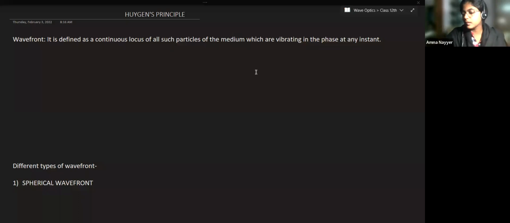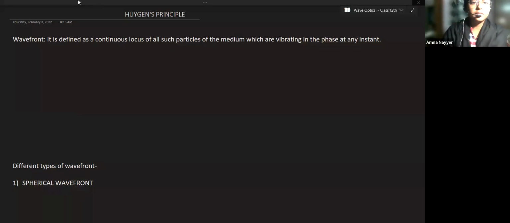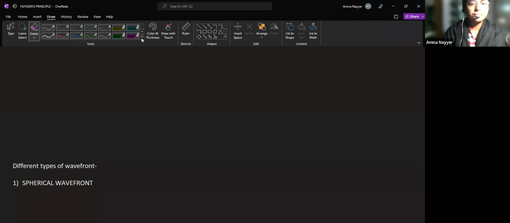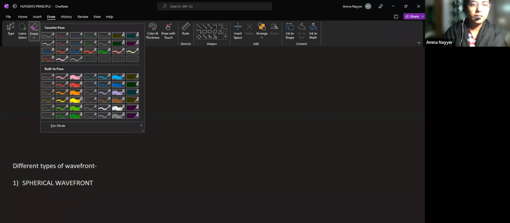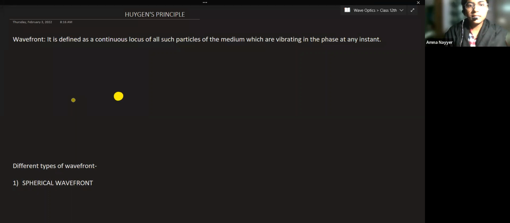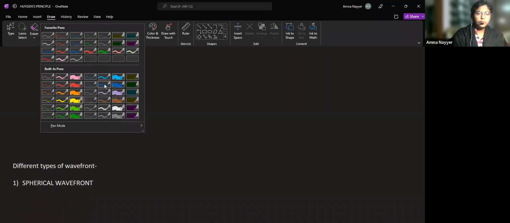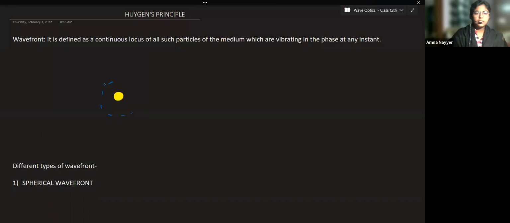Let me tell you a case like this. Suppose I have dropped a pebble. Around it, in the still water, these will be the ripples that form in the water, and the rest of the water will be still. Wherever the disturbance has been created, only that part gets disturbed.